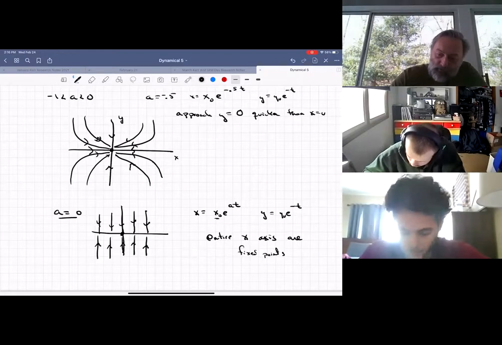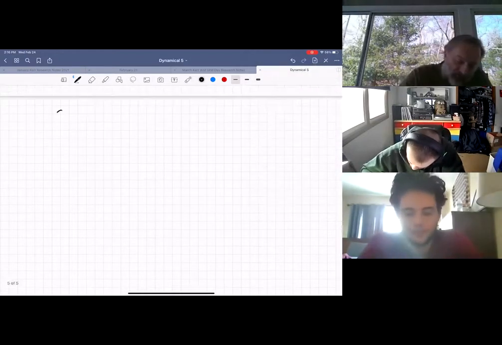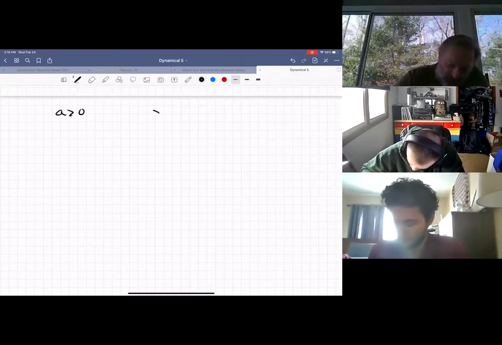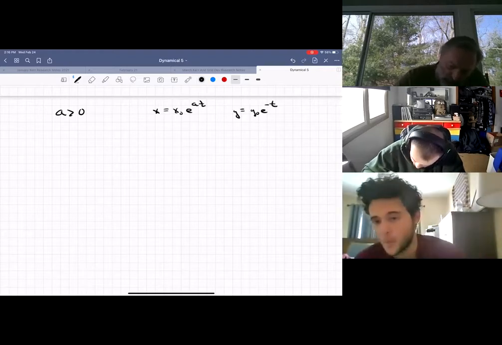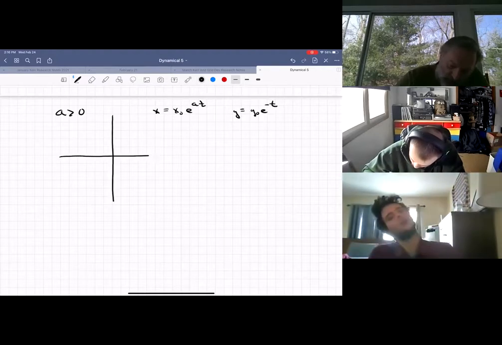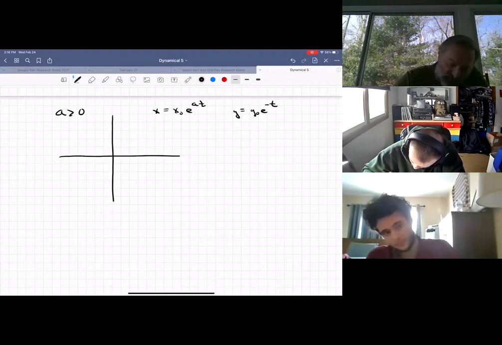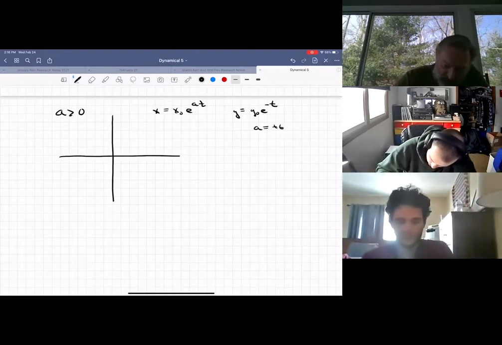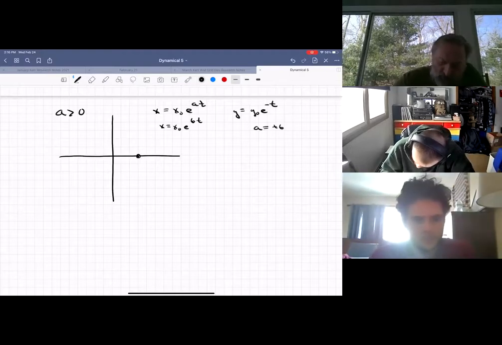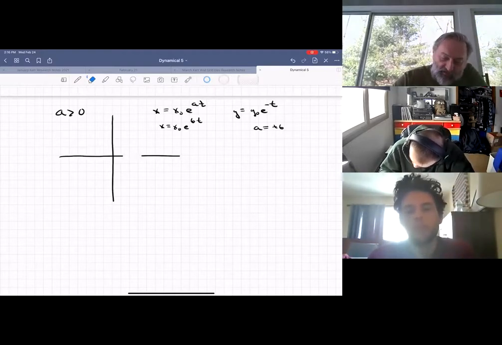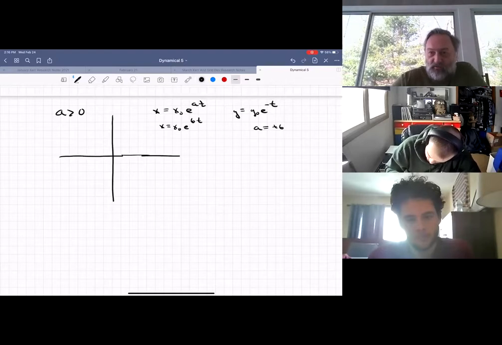Okay. And now, if a is positive, though, I get something qualitatively different. So now I have a positive number here. Let's suppose that a is +6. Then I would have x is x0 e to the 6t. So if I start off at this phase point, somewhere along the x-axis, I've got a positive exponential.